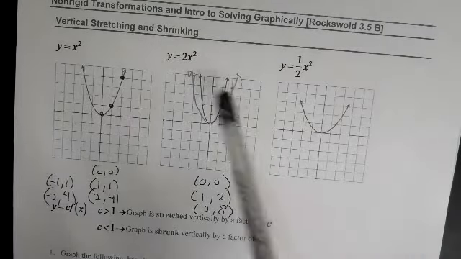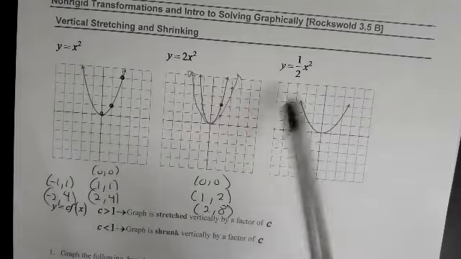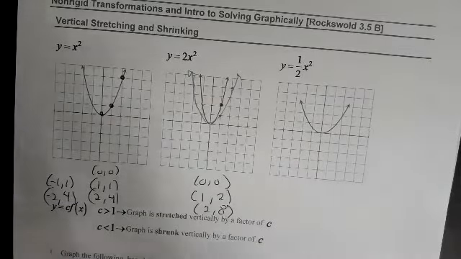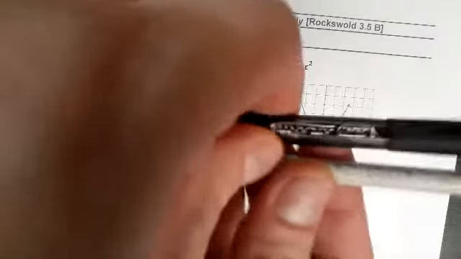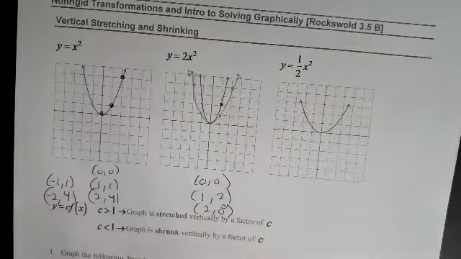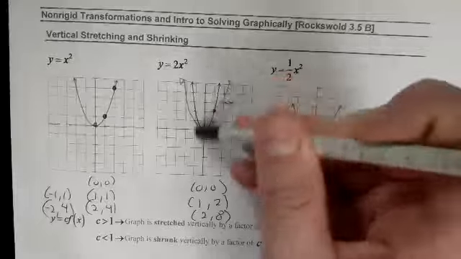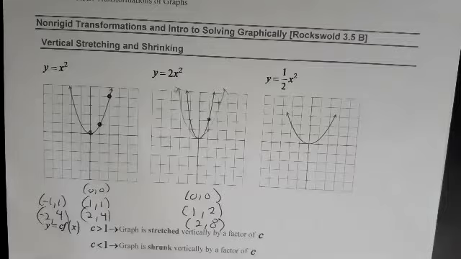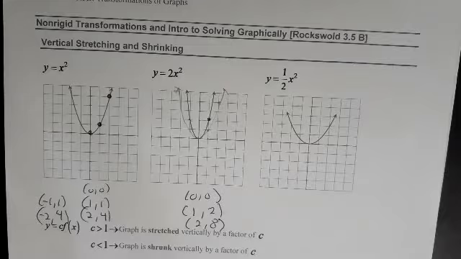The best way I can describe this is to think of it like a sheet of rubber, maybe like silly putty or something, and you're just stretching it this way. So we're stretching this thing up and down, which ends up with our final product there. So that one is a stretch.